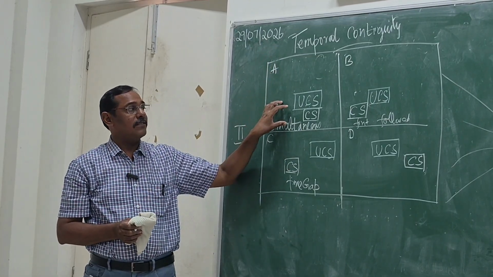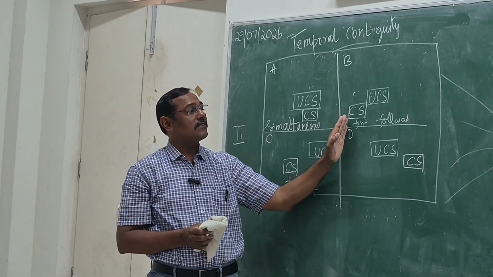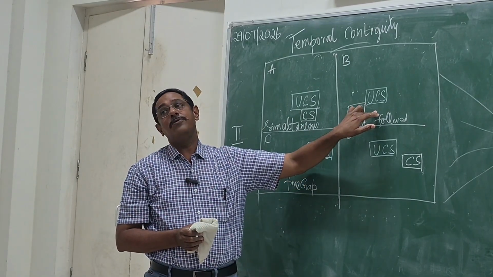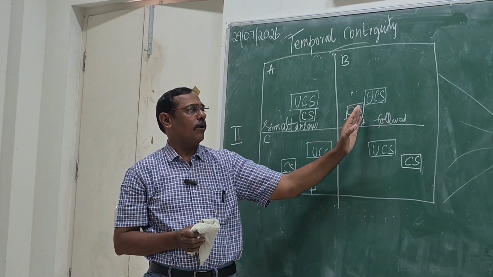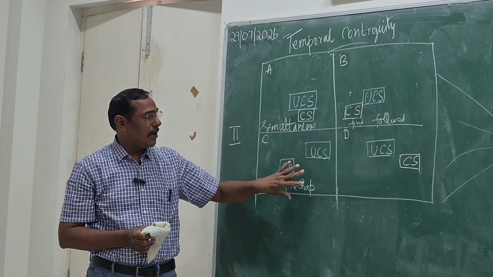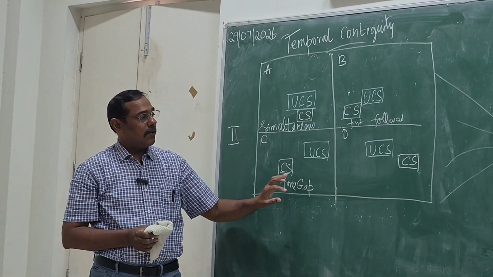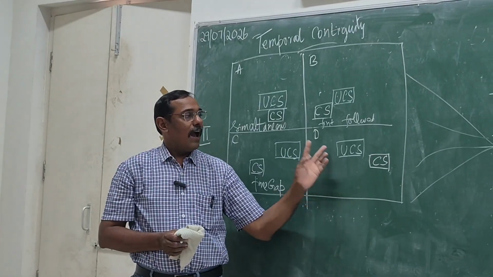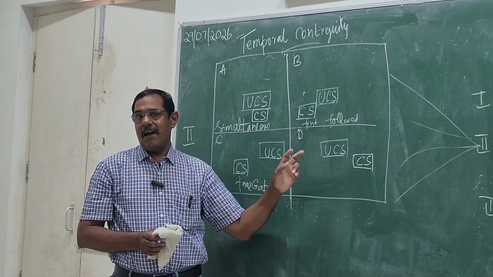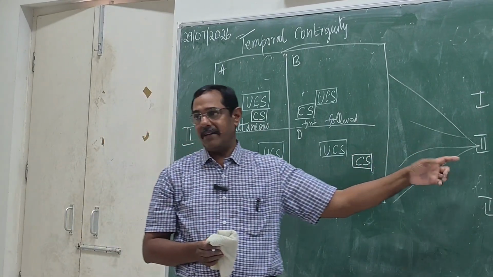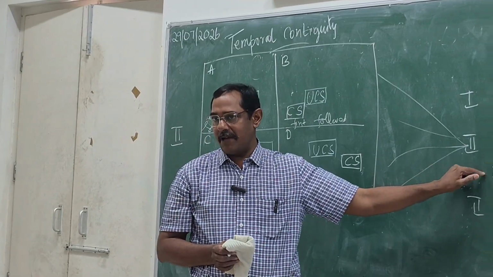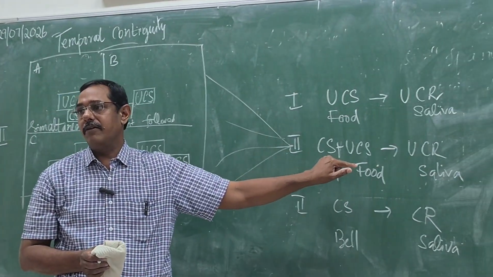So first is simultaneous. Second, first CS is given, then UCS is given. It's a small gap, not a very small gap. Here a large gap. Here it is almost reverse. Normally what will we give first? CS first: bell followed by food.